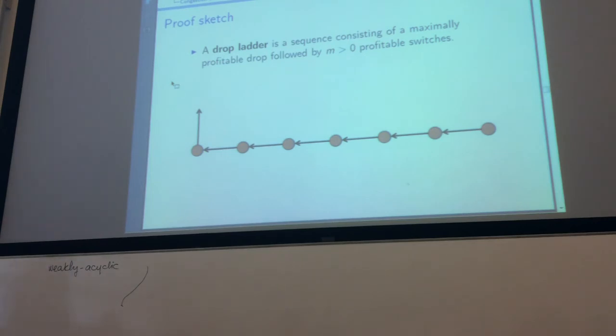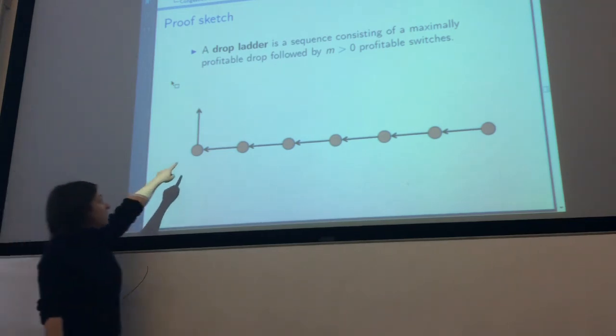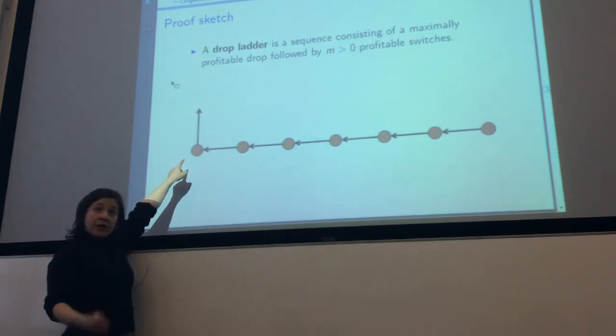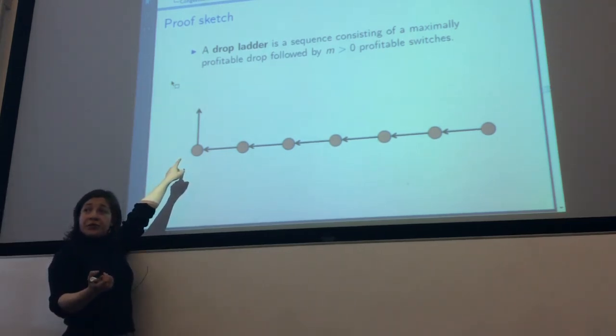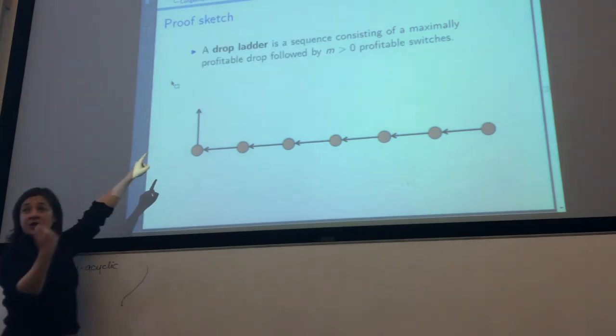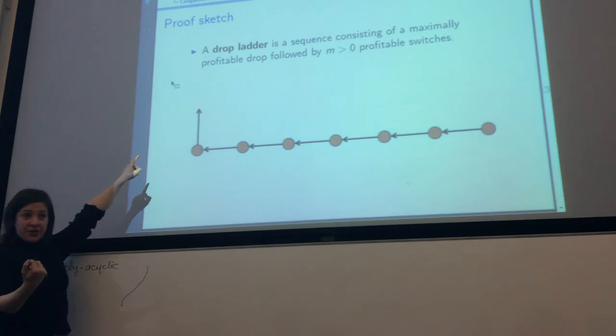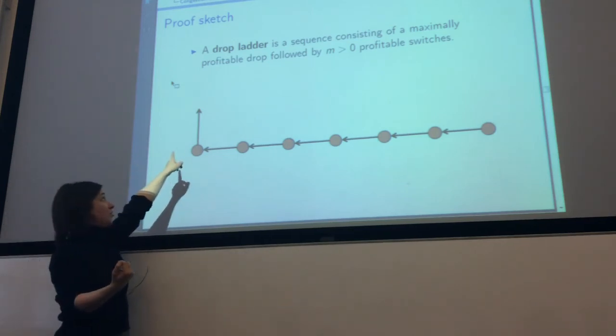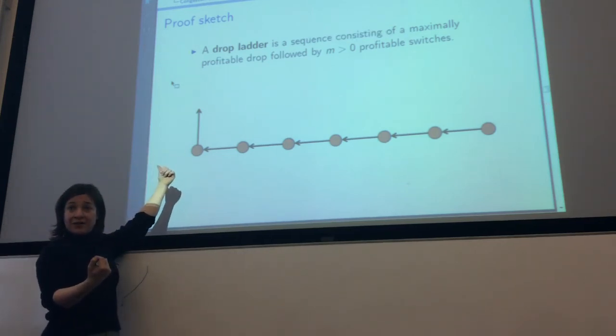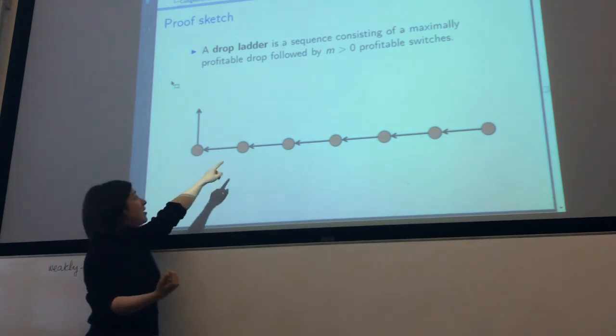A drop ladder would be a sequence of consecutive moves, all of them profitable moves for the agents that make them. The first agent makes a drop, so the congestion on one of the resources drops by 1, and then someone else switches to that resource so that the congestion on that resource is back to the same as it was before.